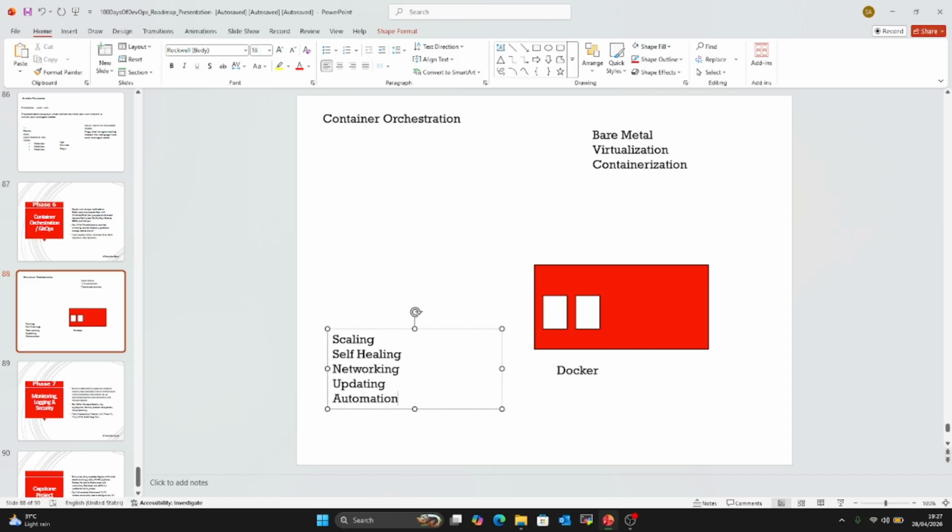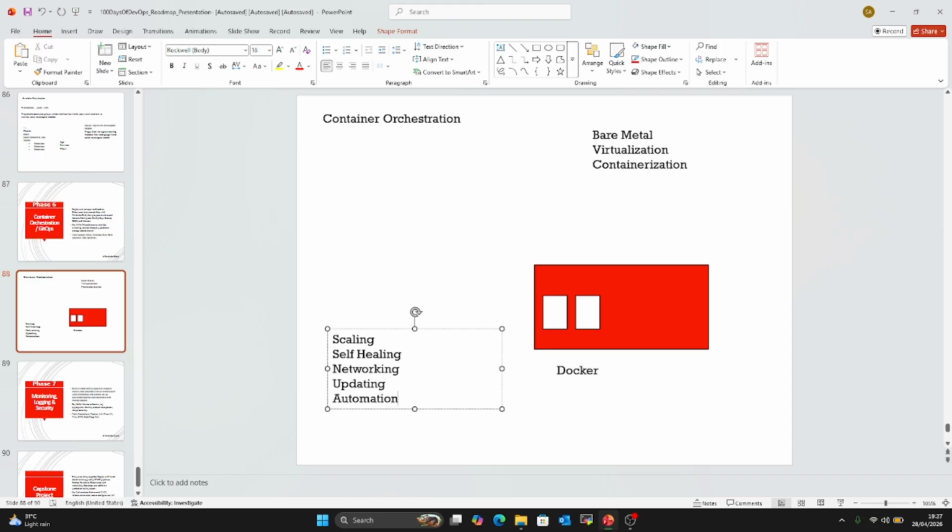Orchestration helps to automatically manage multiple containers so that they work together as one unit or as one system. In simple terms, orchestration automatically manages multiple containers so that they work together as one system, right? And how does orchestration do that?